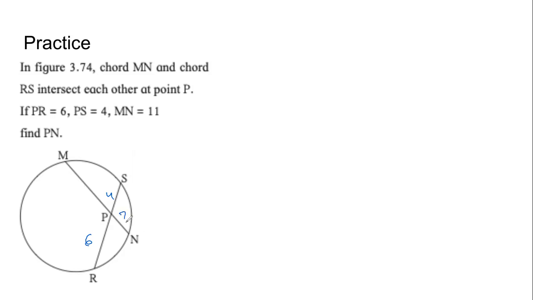So we have to find PM. Have I written this correctly? Just confirm. From the question, have I put the correct numbers on the diagram? When we solve this question in the exam, we will draw the rough diagram and we will show these numbers on the diagram.